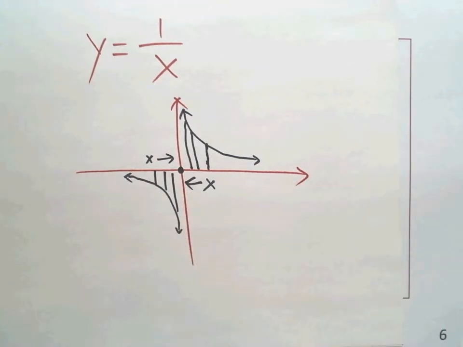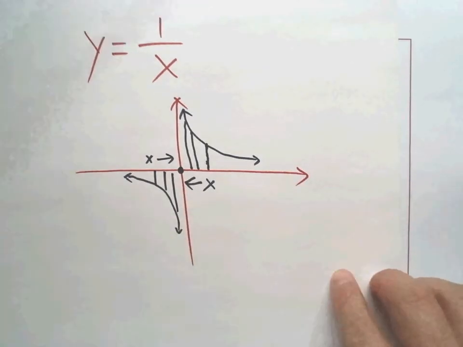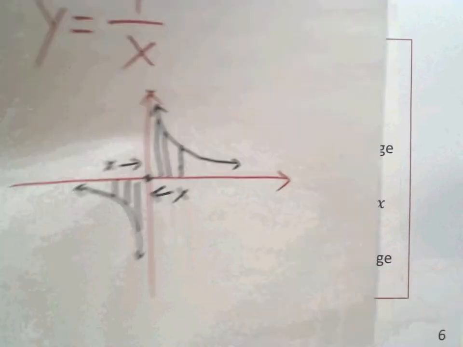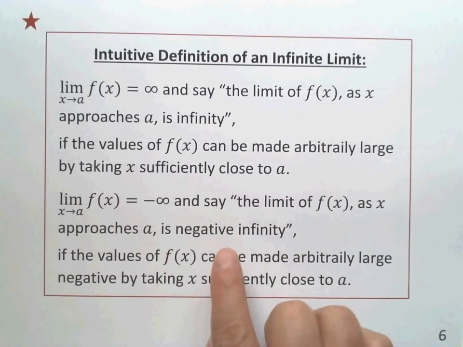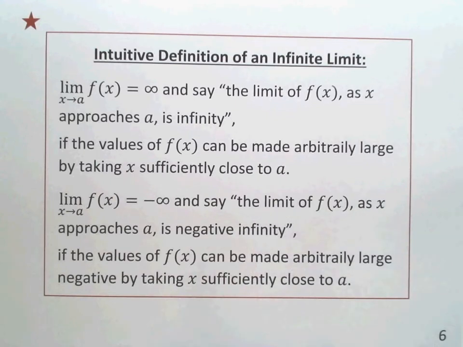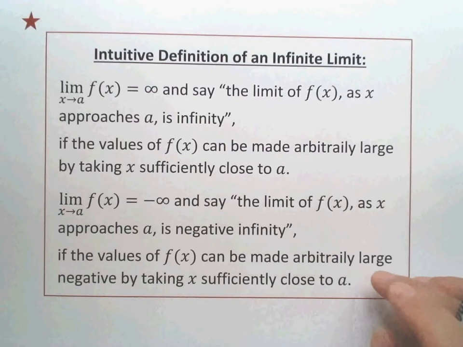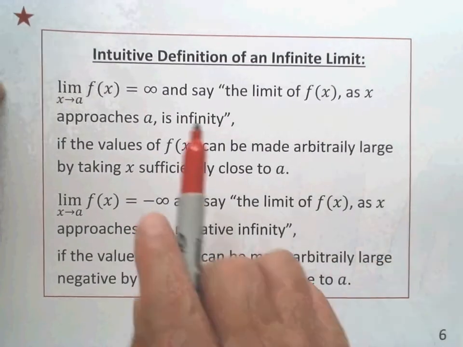Which means the value of f approaches negative infinity. The limit is negative infinity. It's the same, right? You can make the value of f arbitrarily large but negative by taking x sufficiently close to a. So this is all intuitive.